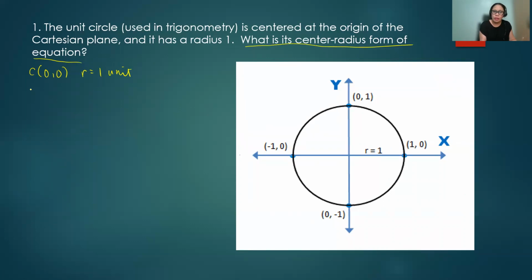By substituting the given in the formula, since h and k equal 0, we have x squared plus y squared, and r is 1, and 1 squared is 1. So this is now the formula for any unit circle: x squared plus y squared equals 1.